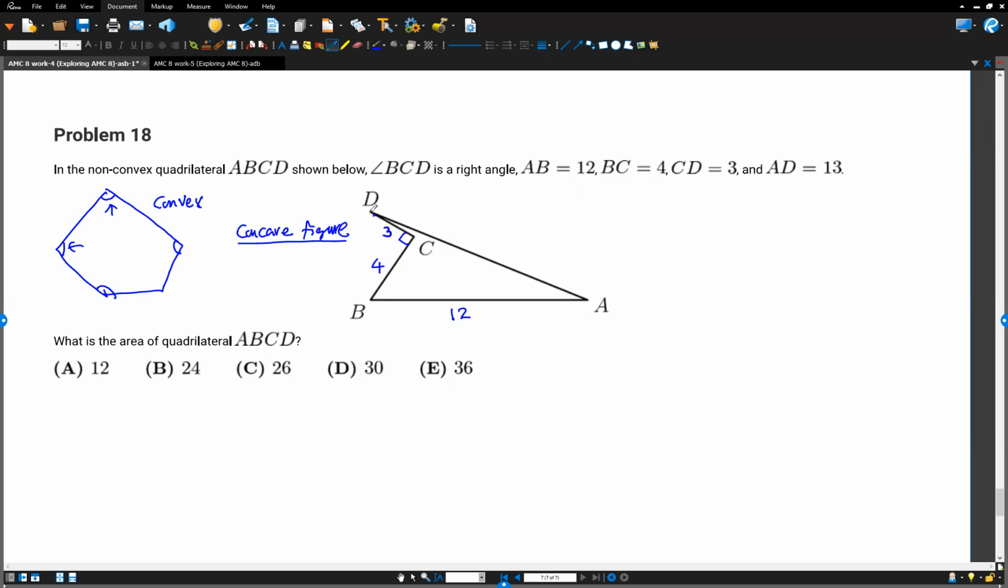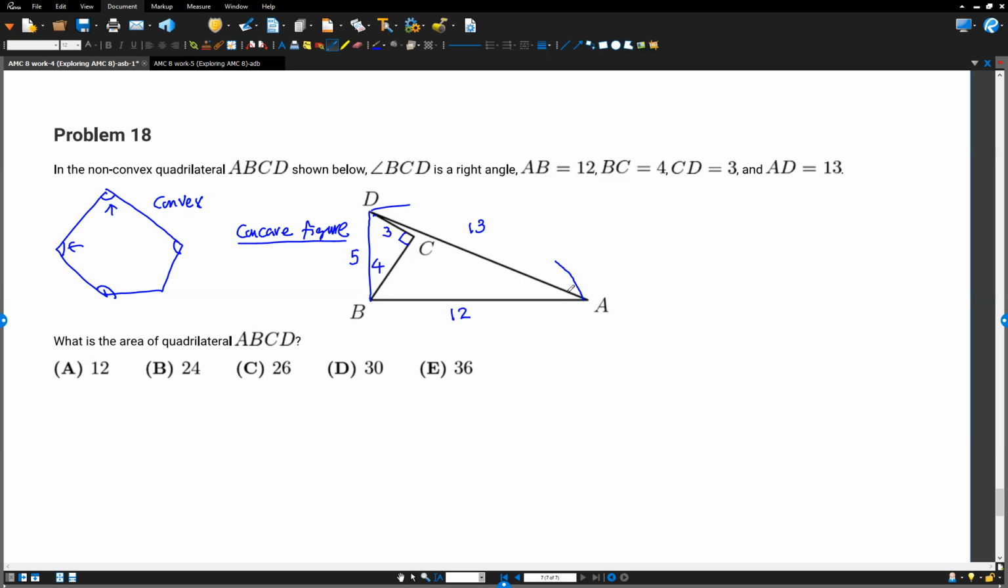When you make it over here, this is another right triangle. This is 3, 4, 5. Excellent. You have to find the area of the 3, 4, 5 triangle and the DBA triangle, and then subtract it from the DBA. Excellent. That's it.